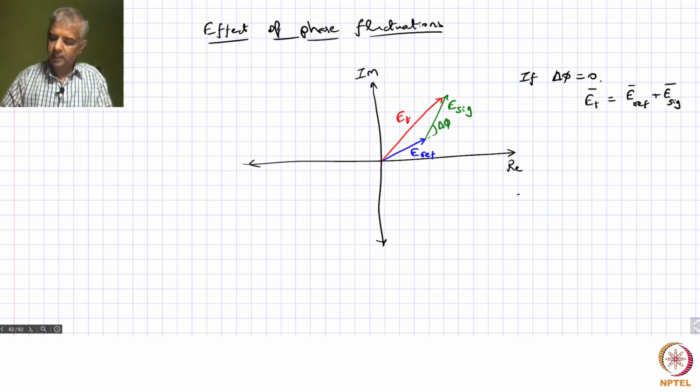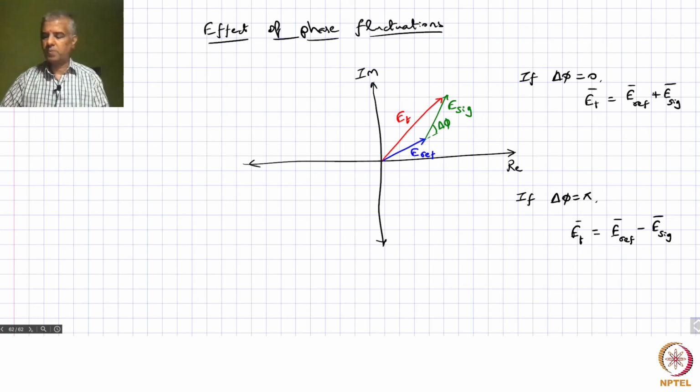On the other hand, if delta phi equals pi, then Et equals E ref minus E sig. So here it's plus, whereas here it's minus.